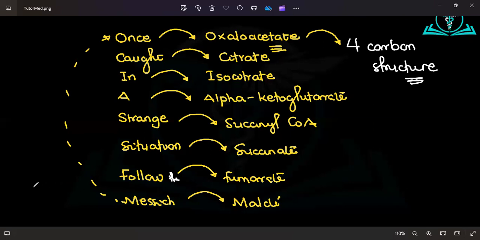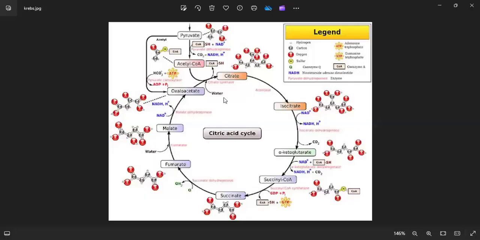All right, great. So let's go back to that picture again. So it begins here. What happens? The acetyl-CoA is added to the oxaloacetate to produce the citrate. You see that?